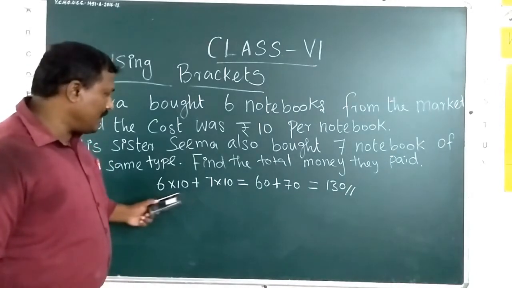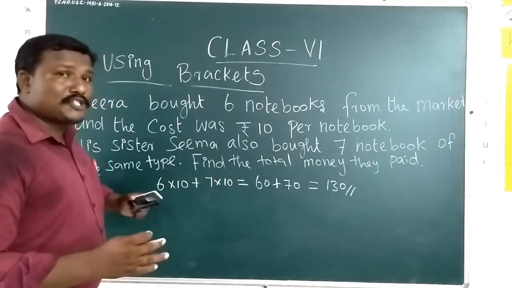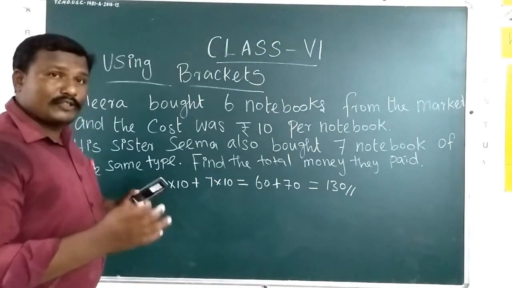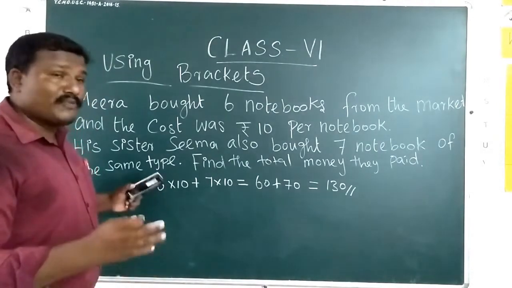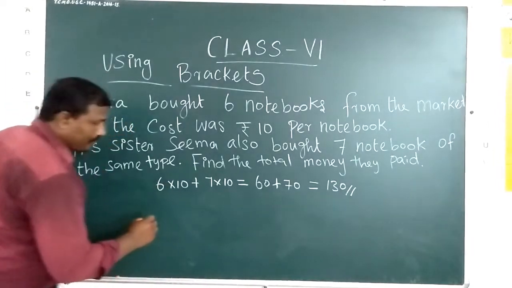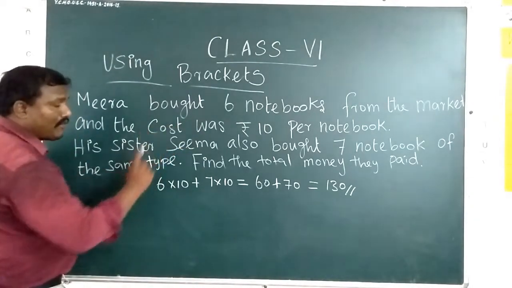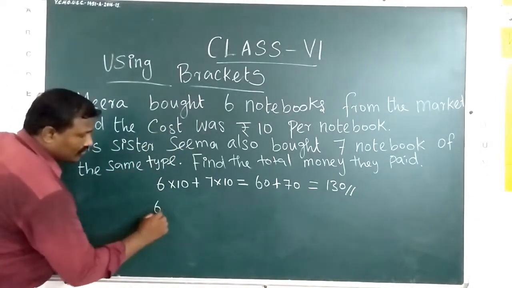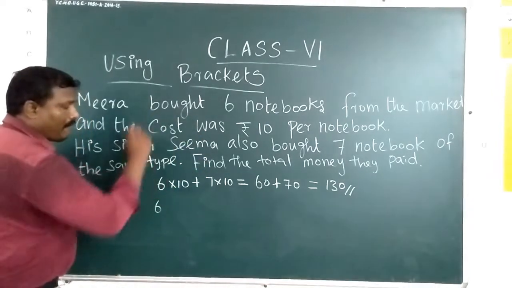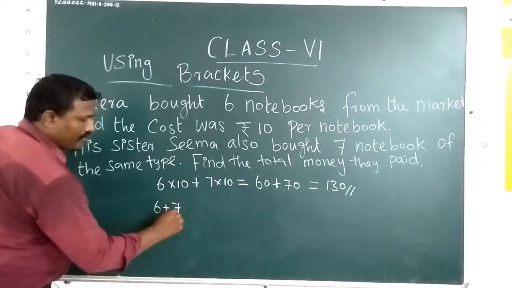But if you see, it's not a good manner. If you are a mathematics student, we have to use brackets. It's very important when you are doing mathematical calculation. Example: how many notebooks? 6 notebooks, Meera, plus Seema 7 notebooks, no?